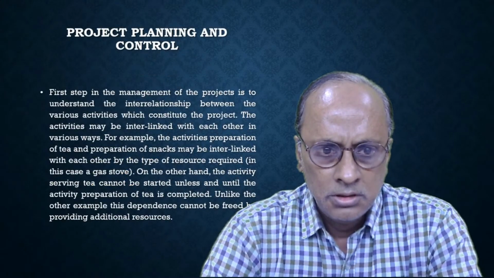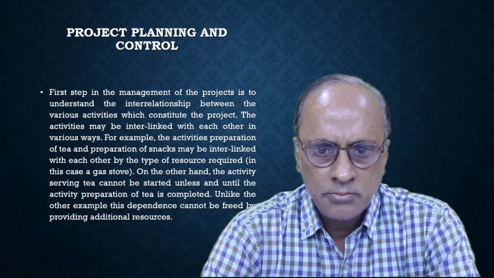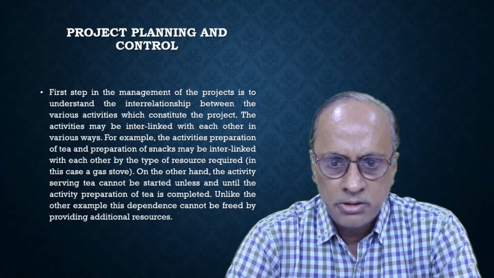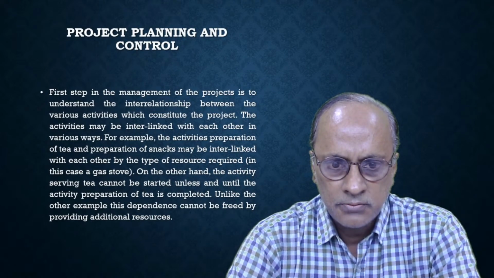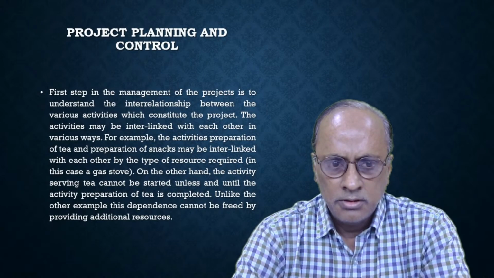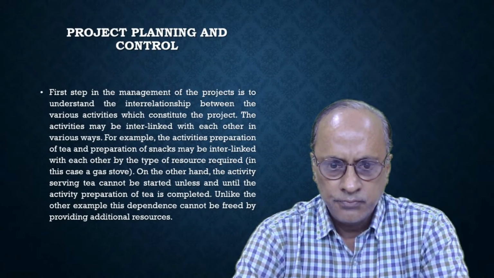Now, the first step in management of the project is to understand the interrelationship between the various activities which constitute the project. The activities may be interlinked with each other in various ways.